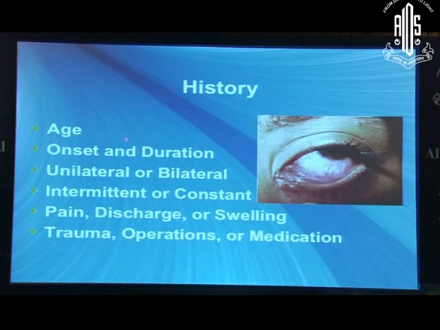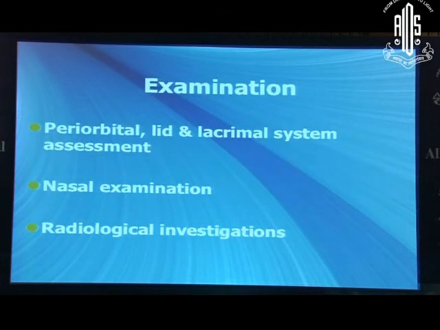So it is important to have all these points in the history. You need to differentiate the pathologies at different ages. You need to pick up whether it has been a relatively chronic pathology or whether it is an acute pathology, intermittent or constant, and what are the associated features and any treatment that has been taken.